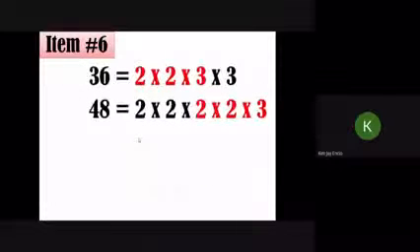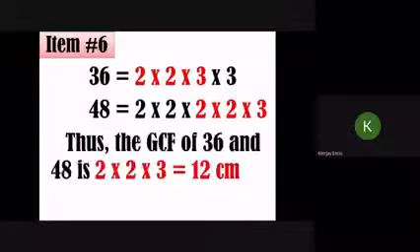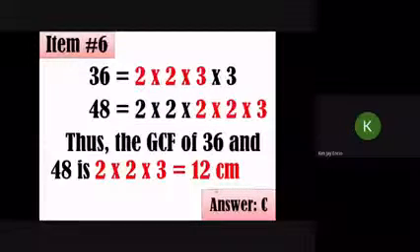Only 1. Therefore, the GCF is simply the product of 2, 2, and 3, and that is equal to 12 cm in this case. That's why we could say that the maximum length of a piece of ribbon is 12 centimeters. Letter C.